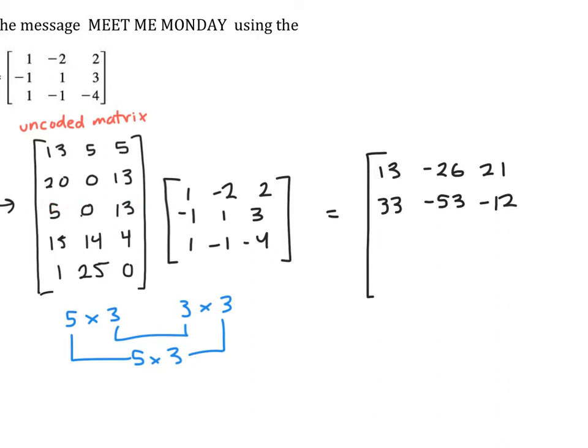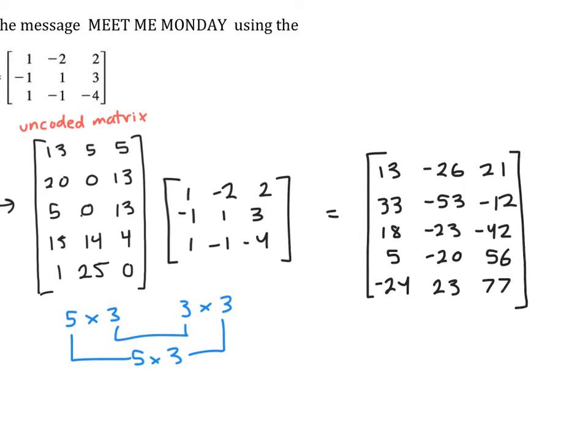And now we'll do the third row with our 3 columns. So that should give us 18, -23, -42. And now our fourth row with our 3 columns gives us 5, -20, and 56. And then our fifth row with our 3 columns should be -24, 23, 77.